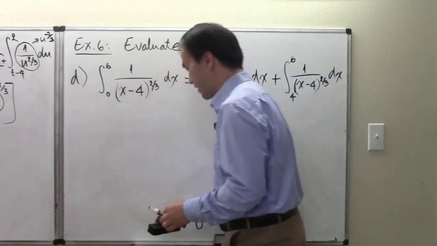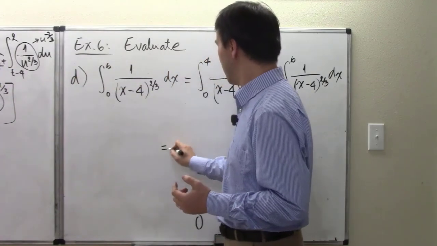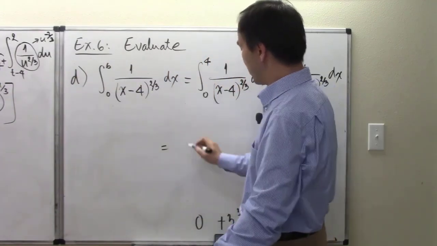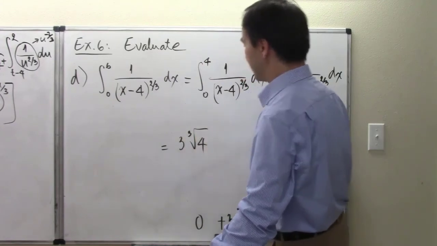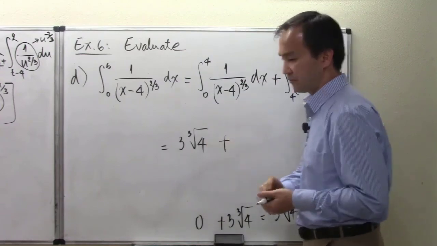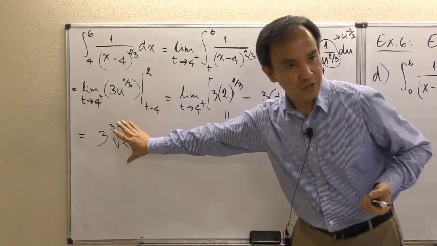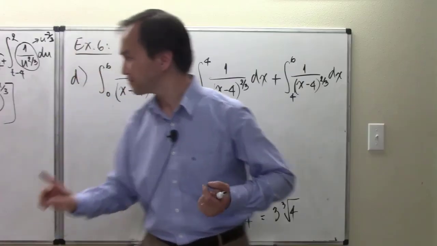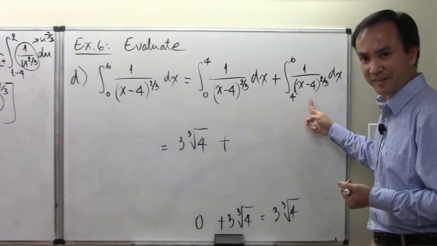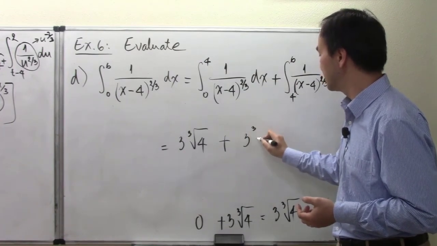Now we are ready to conclude our final integral. The first improper integral gave us 3 times the cube root of 4. And now I'm going to add the result from the other piece, 3 times the cube root of 2. So it's plus 3 times the cube root of 2.